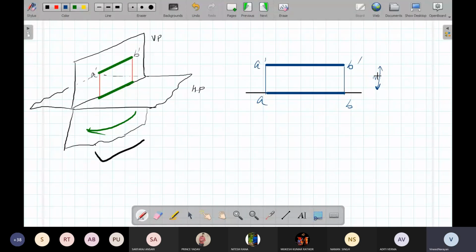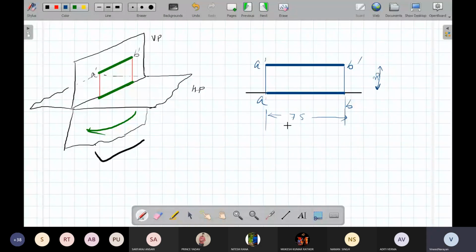So this is 30. Length is 75. So here also you can use projection lines. They are continuous lines but thin lines.